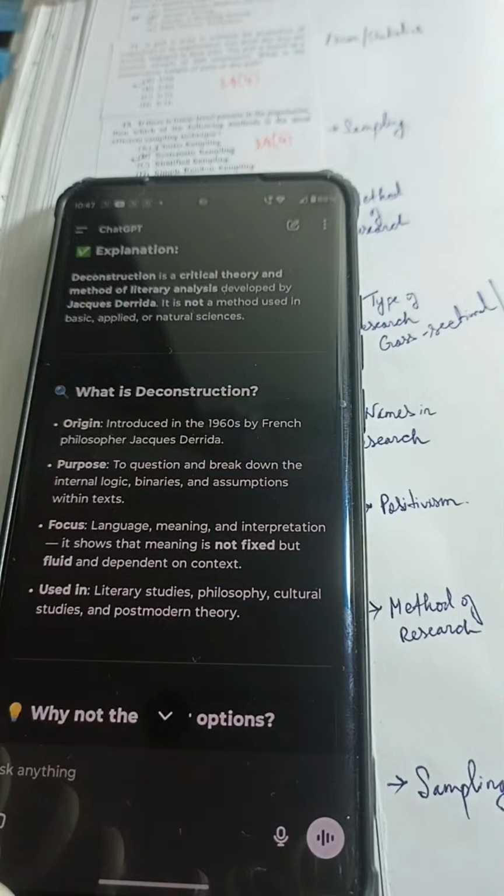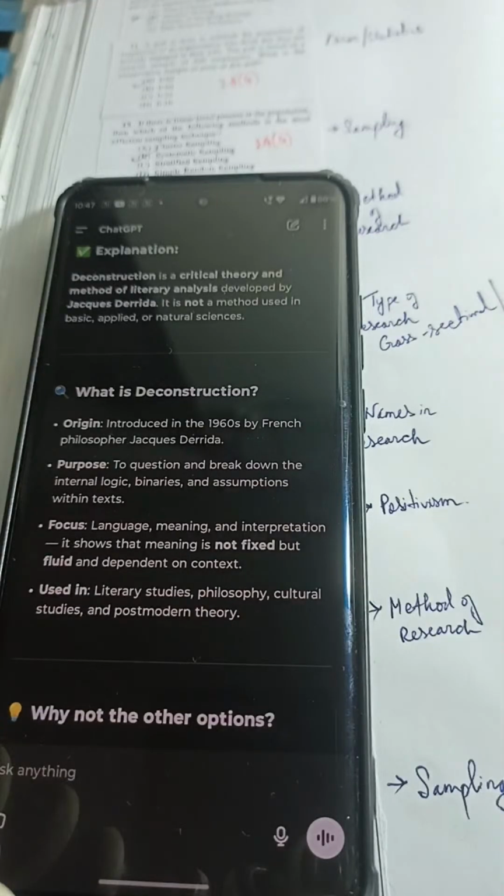The origin of deconstruction can be traced back to the 1960s, introduced by the French philosopher Jacques Derrida. What is the purpose? To question and break down the internal logic, the barriers.